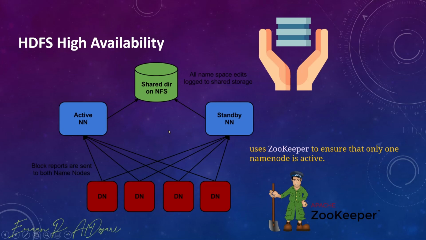So the solution is that Hadoop added a feature called high availability, and its job is to run the name node in an active-standby configuration. So the standby takes over the duty to continue serving client requests without any significant interruption.